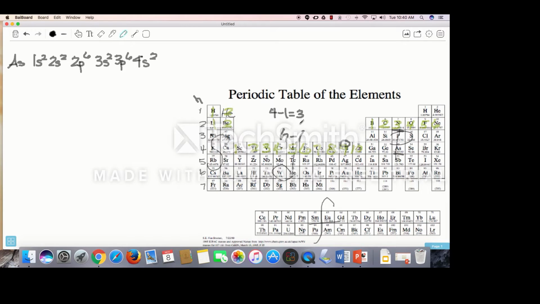After 4s2, remember n-1, so 3d. Remember, we have to get all the way to arsenic, so it's going to be 3d10. And then after 3d10, we're back to the fourth period, which becomes 4p because this p sublevel is in the fourth period. So it's 4p.